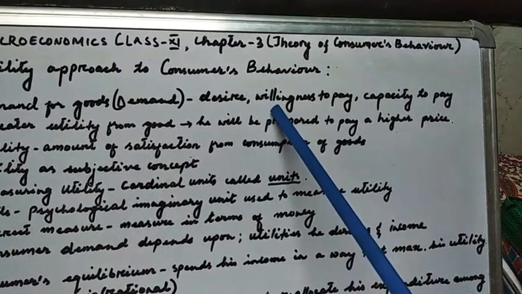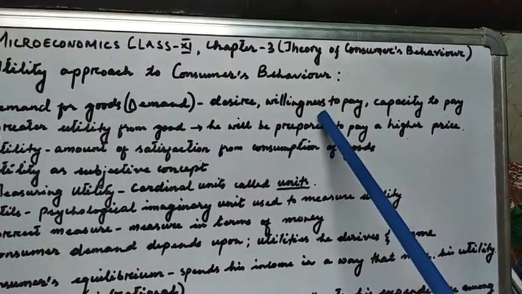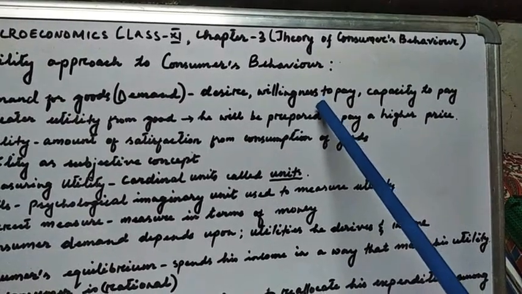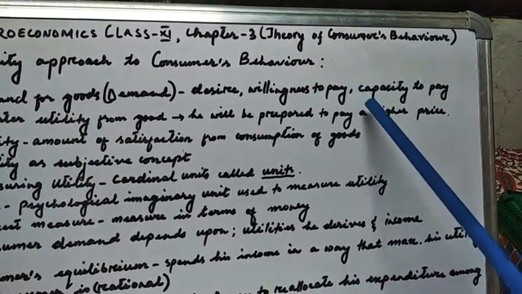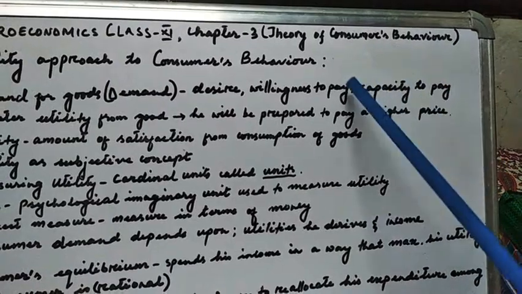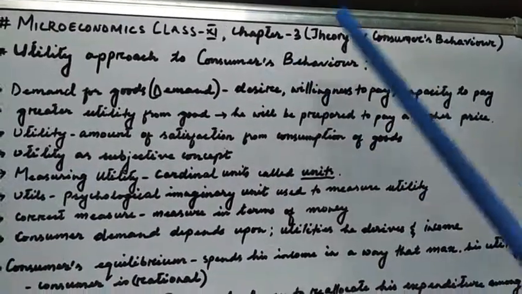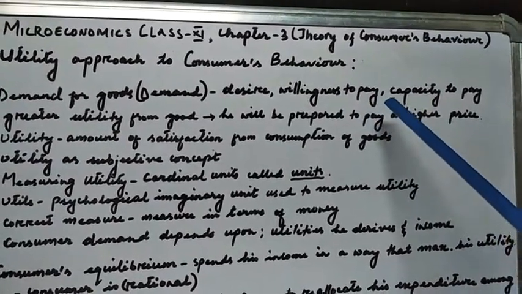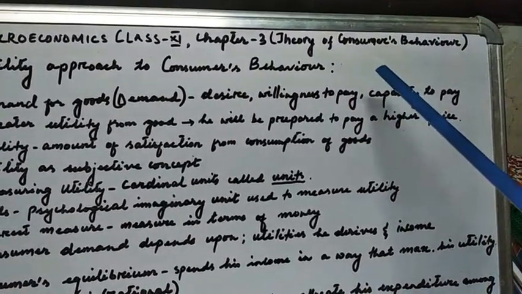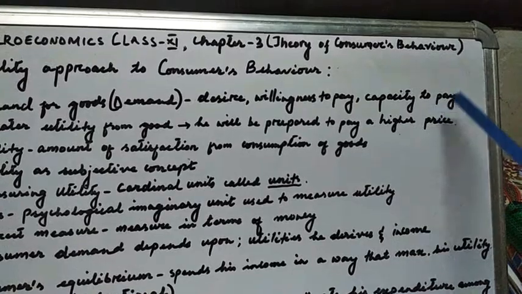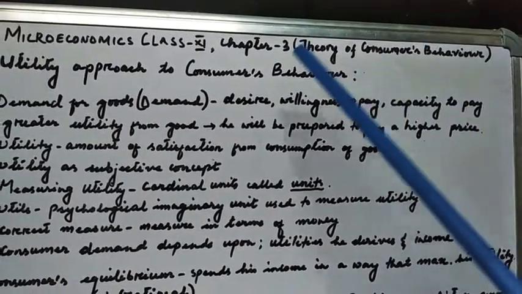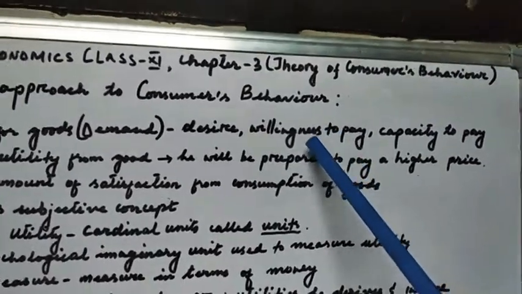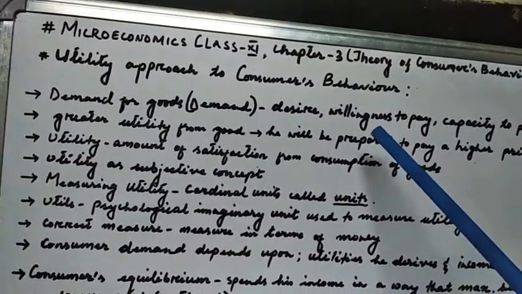He has to have the willingness to pay for the goods, and willingness to pay is not enough, so he also has to have the capacity to pay. Only when these three conditions are satisfied is it called demand.